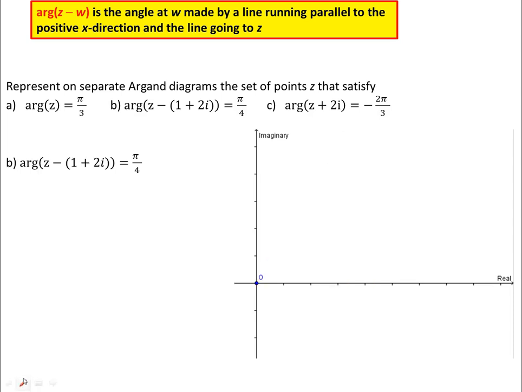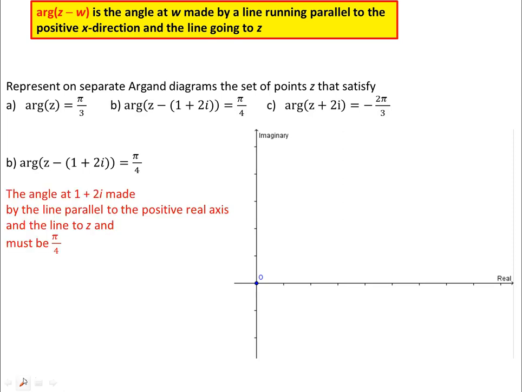For the second example, we've got the argument of z minus 1 plus 2i has got to equal pi by 4. So that means that arg of z minus 1 plus 2i is the angle at 1 plus 2i made by the line which is parallel to the positive real axis, and the line going off to z must be pi by 4.